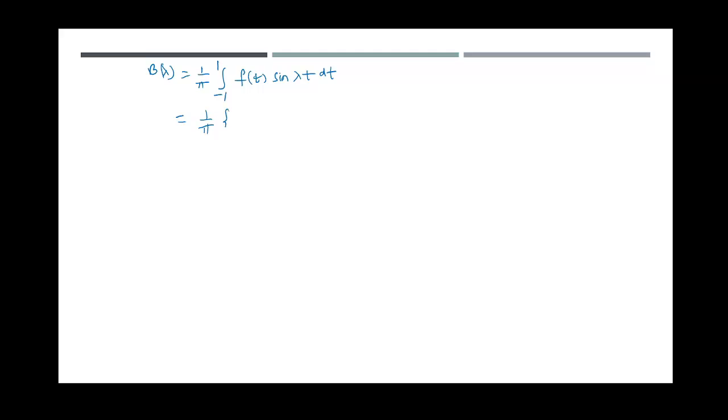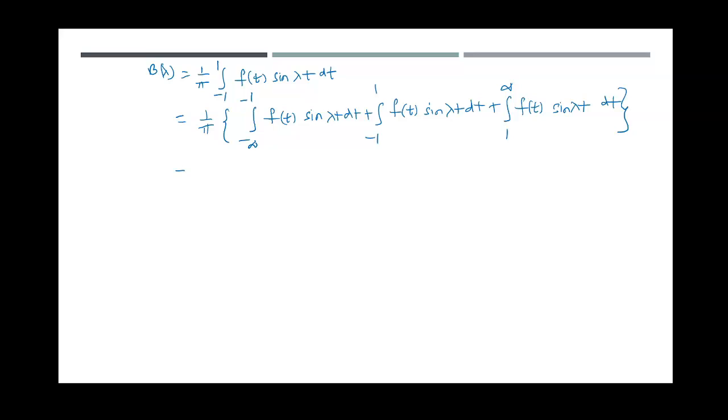If you divide this interval, integral minus infinity to minus 1 f of t sin lambda t dt plus integral minus 1 to 1 f of t sin lambda t dt plus integral 1 to infinity f of t sin lambda t dt.